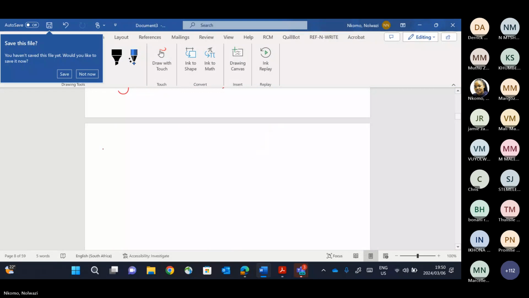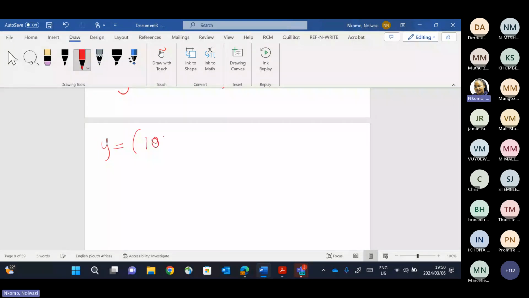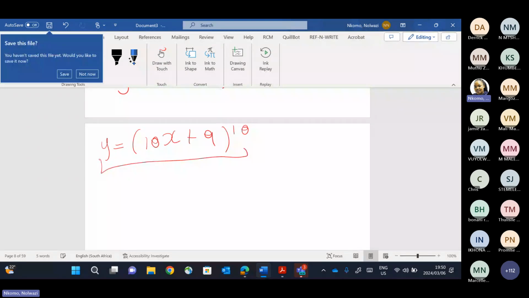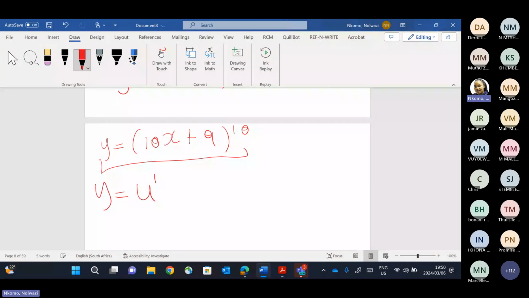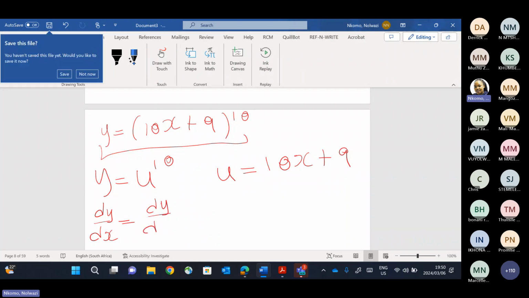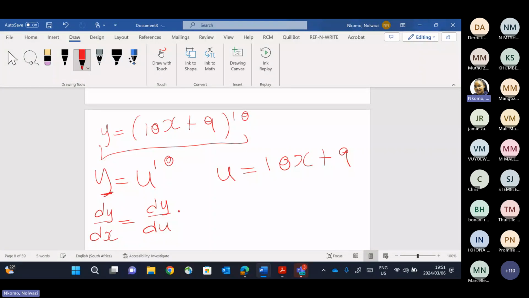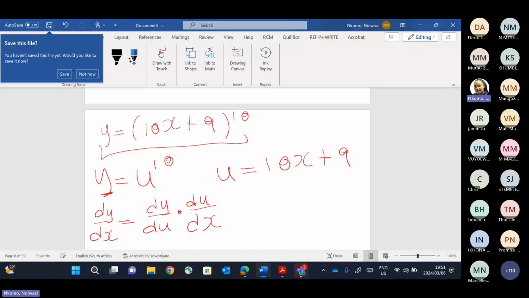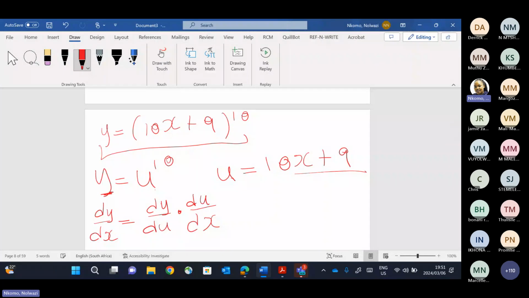First, we have y equals 10x plus 9 to the power 10. And we said we can write this as y equals u to the power 10, whereby u is equal to 10x plus 9. Then the chain rule says dy over dx is equal to dy over du, meaning we are differentiating y with respect to u, times now differentiating u with respect to x, because u is a function of x, and y is now a function of u.